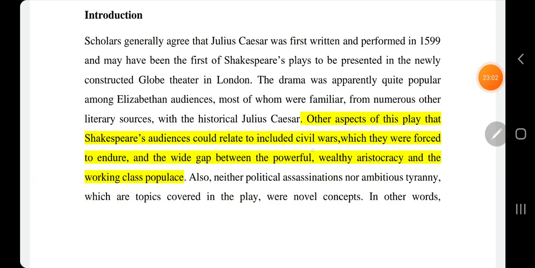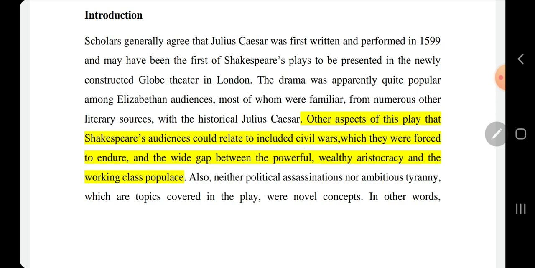When Caesar gets assassinated by his closest friends, civil war emerges among people. We can also connect it to our real time, to what is happening in Iraq as well. And we will go through this later when we go into details with the play.